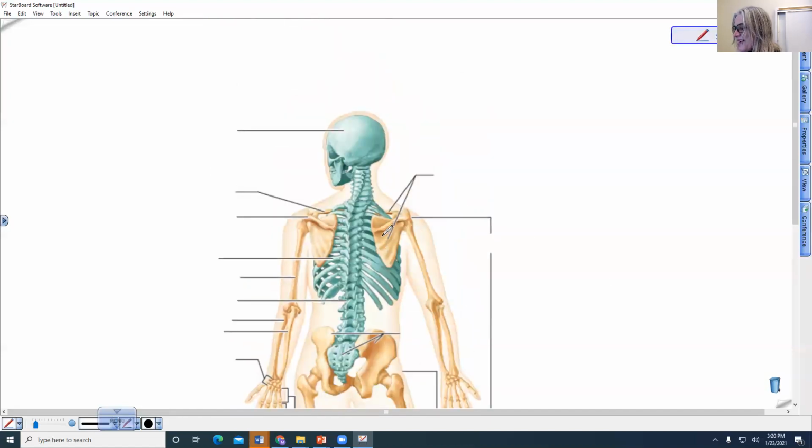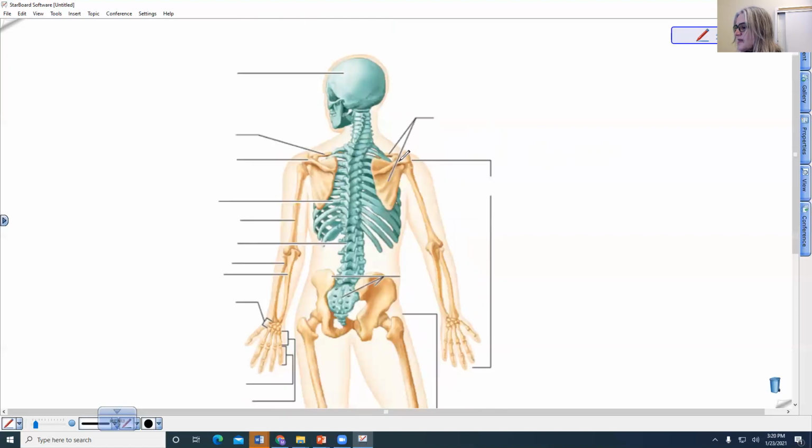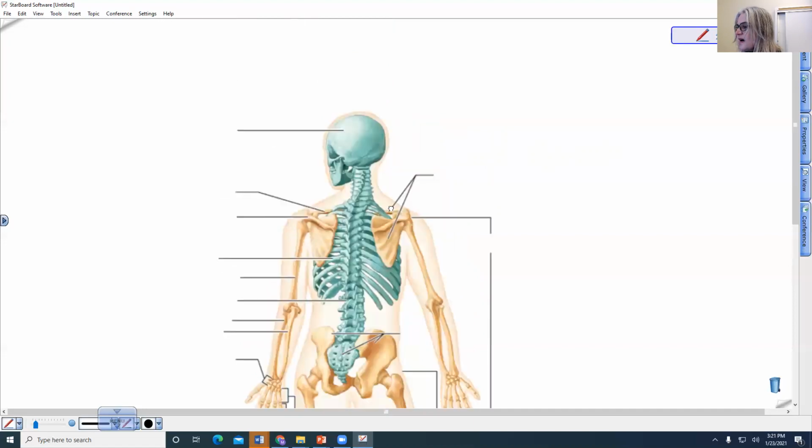This is the scapula, which is part of your pectoral girdle. The scapula and the clavicle, this is commonly referred to as the shoulder blade. And if we look at some of the bone markings that I was talking about, this is the spine on the scapula. We could see that there are, for example, spinous processes on your vertebrae.